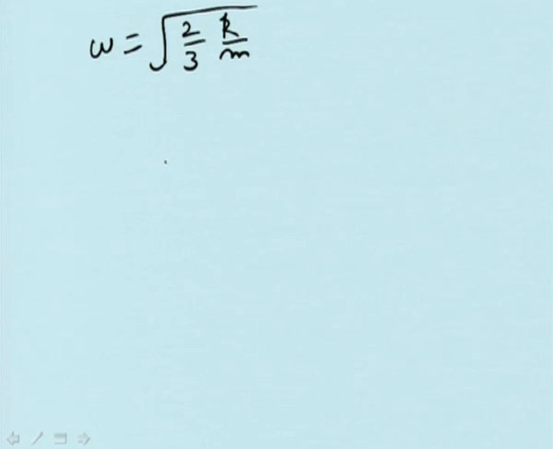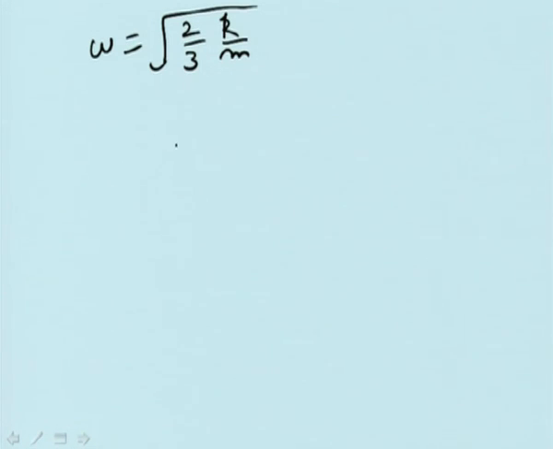Therefore, omega is equal to under root 2 by 3 k by m. That is the same expression we have got.